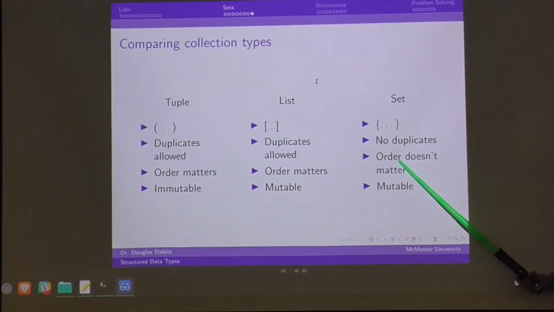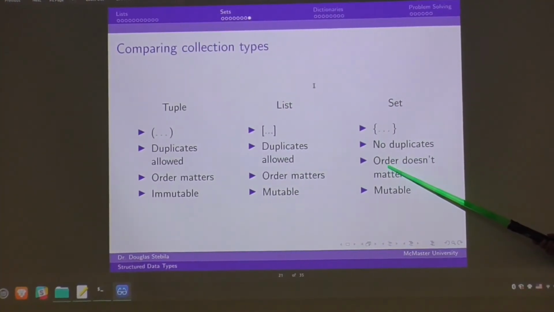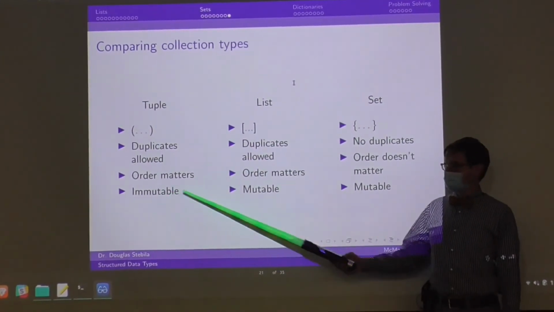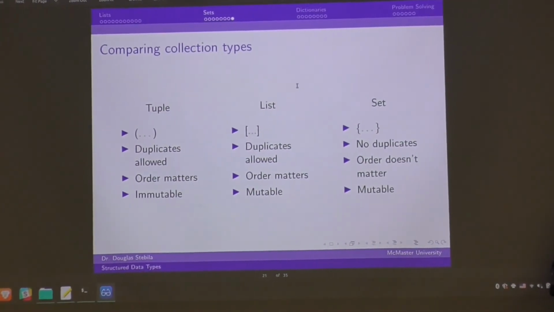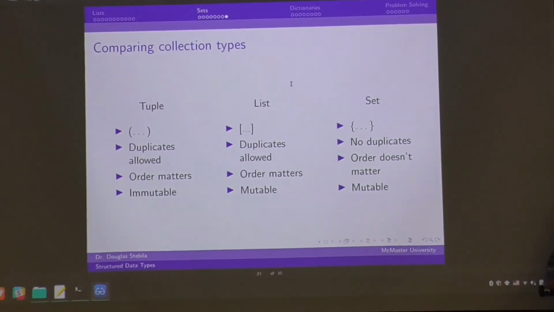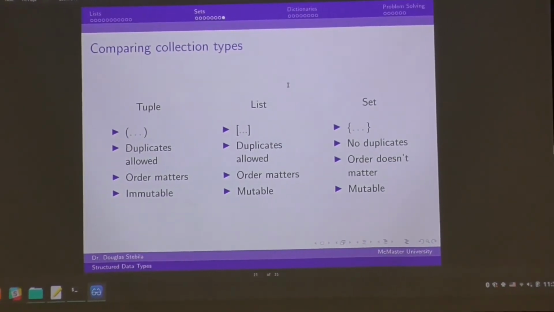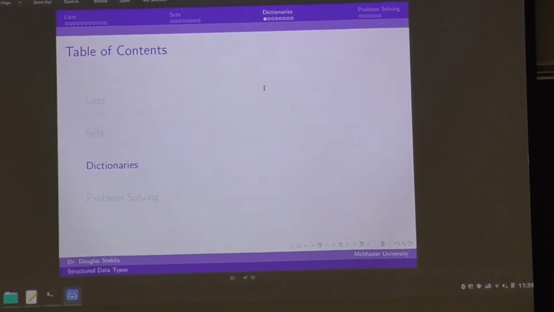Ordering not only does not matter, but is not even a supported operation in sets. Tuples are immutable, but lists and sets are mutable. Any questions? Good. So, let's move right along to dictionaries.